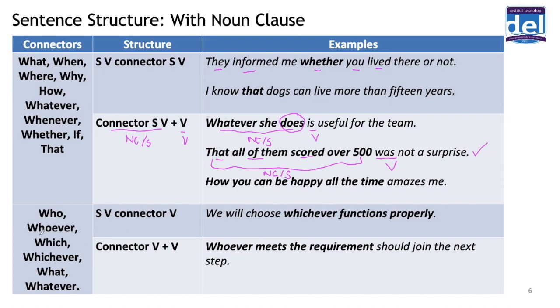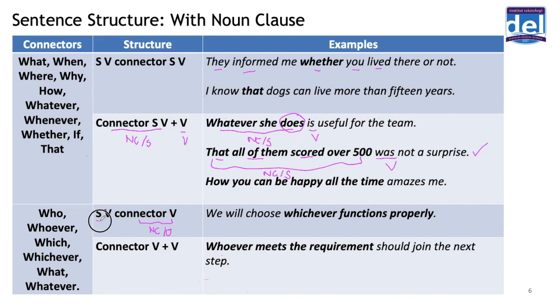Okay, now let's continue with these connectors like who, whoever, which, whichever, what, and whatever. I separated this one from the first one because the structures using these connectors can be quite different. It is possible to see a sentence with a structure like this: subject, verb, connector, verb.